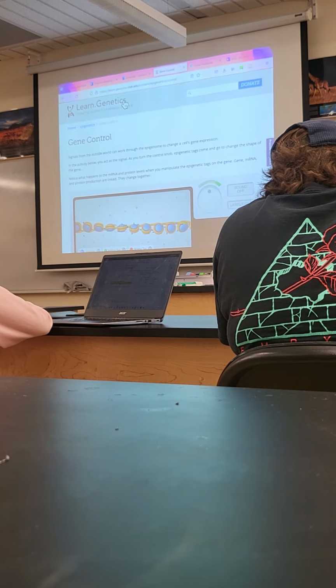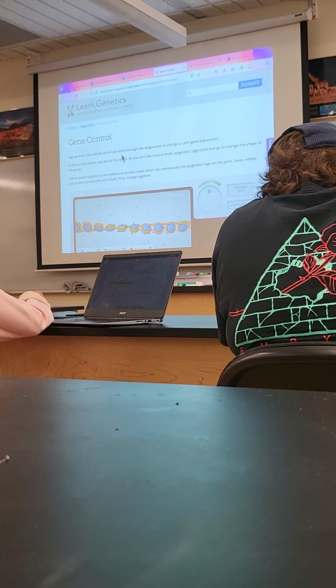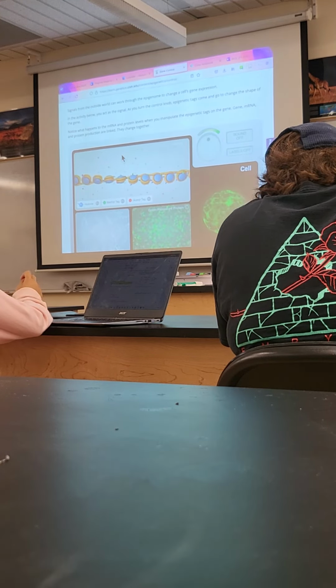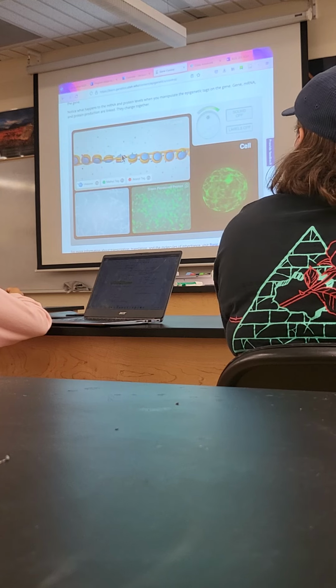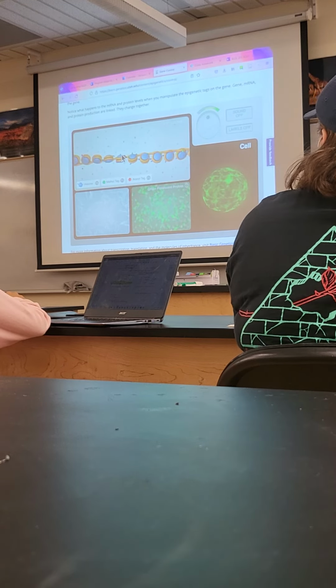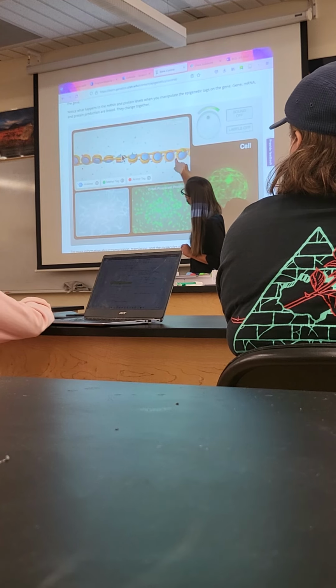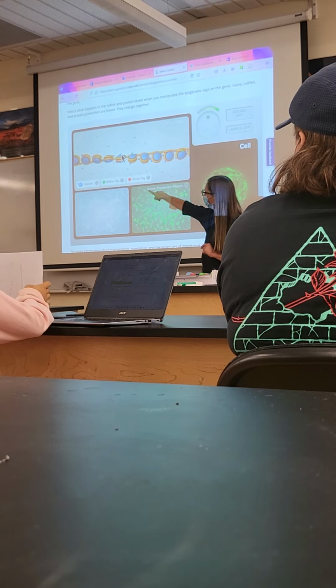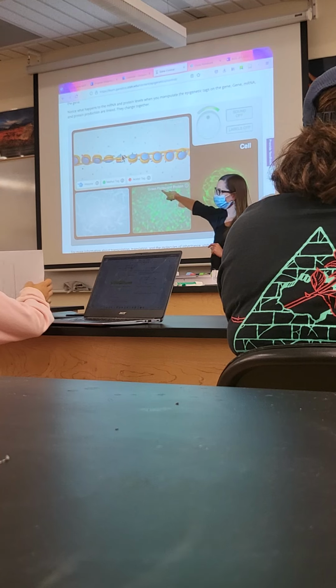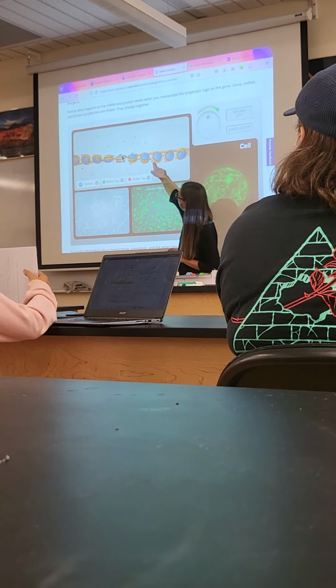They have a nice website, and this is an interactive control. It shows you what's happening at all different levels. Over here, it's showing you how the DNA is packed. The little tails are shown here, so if they have green, they have a methyl tag. If they have red, they have an acetyl tag on them.